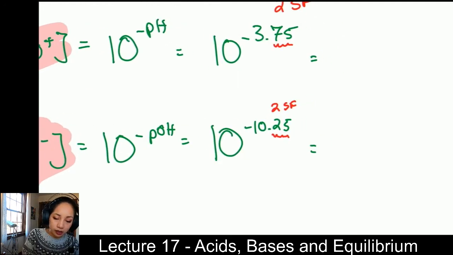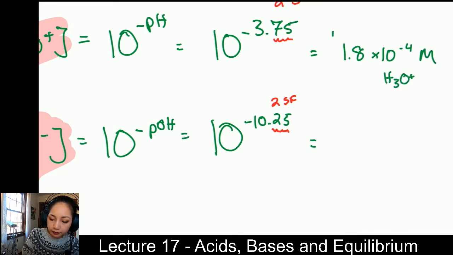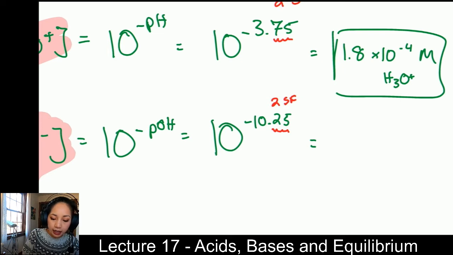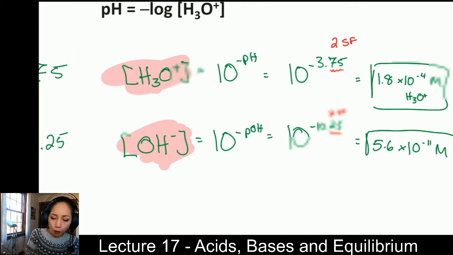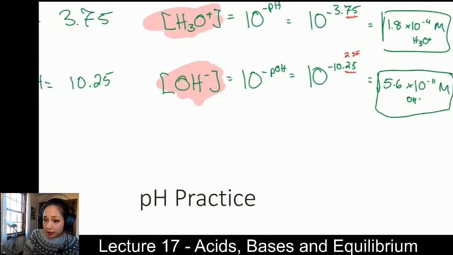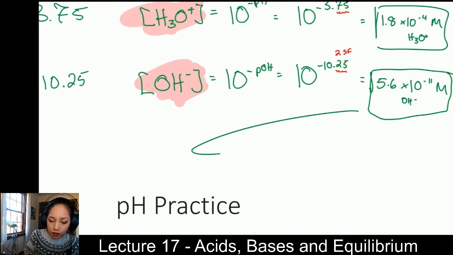All right, and so if you stick this in your calculator, you should get 1.8 times 10 to the negative 4 molarity for hydronium. And then the other one, 10 to the negative 10.25, that is 5.6 times 10 to the negative 11 molarity for hydroxide. All right. And a way to check this, to make sure that it's right, if you multiply both of these two numbers together, you should get 1 times 10 to the negative 14.